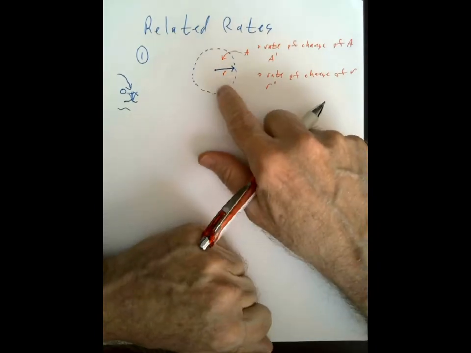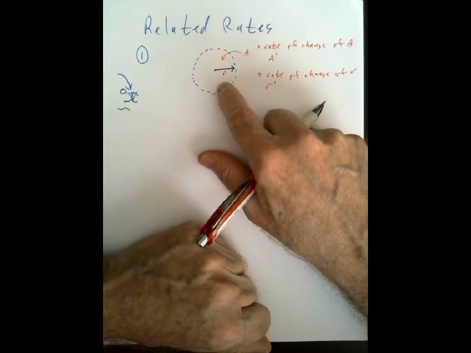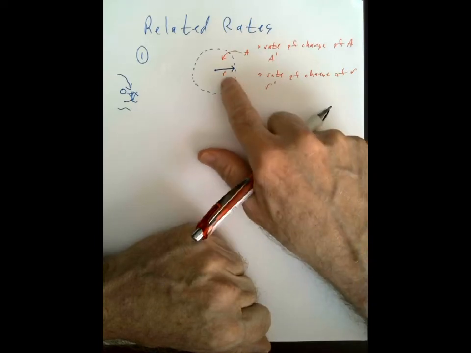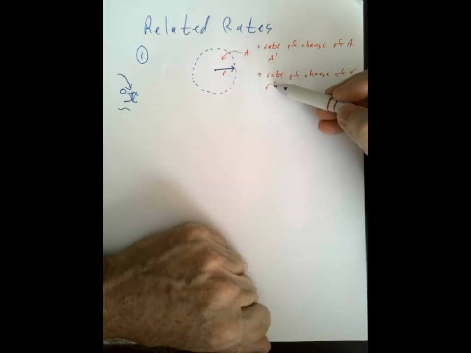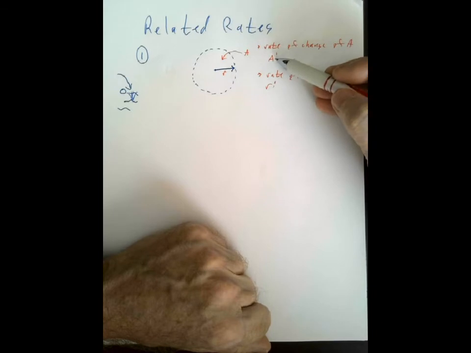As the area of the circle gets bigger and bigger, the radius is going to increase proportionally, according to some proportion at the same time. This rate is related to that rate. Okay, does that make sense?